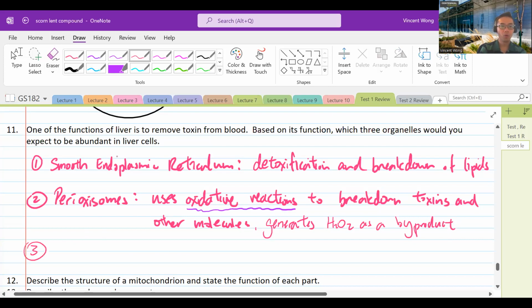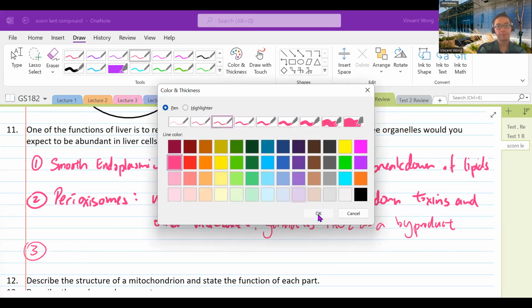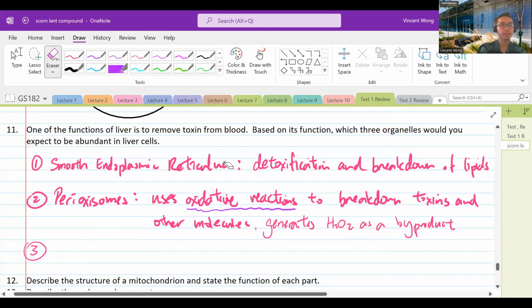Okay, one more thing that you would expect to find a lot of in the liver cells. What else is responsible for breaking down toxins? Lysosome, thank you. That's right.